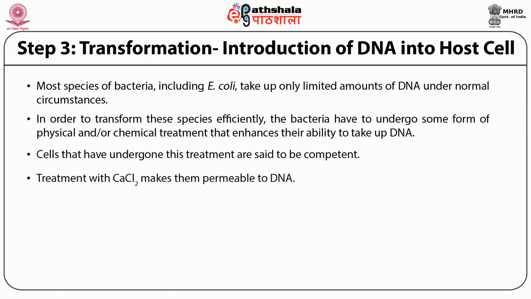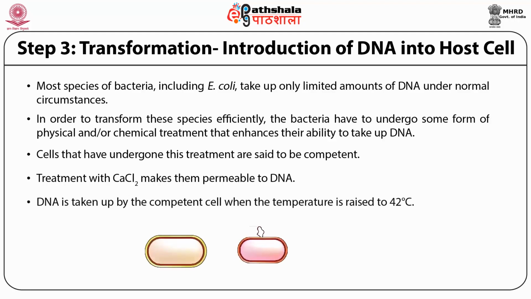Treatment with calcium chloride makes them permeable to DNA. For transformation, DNA is mixed with these competent bacterial cells, and since the calcium chloride makes the cells competent, the cell wall is made permeable or brittle, and also the calcium ions encourage the attachment of plasmid DNA molecules on the cell wall surface.